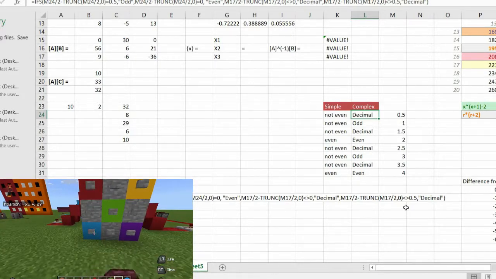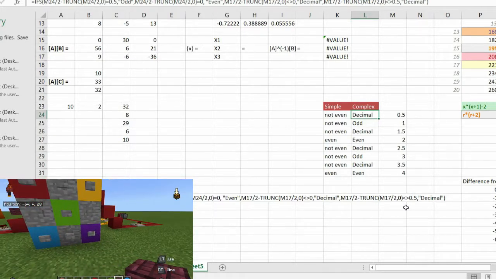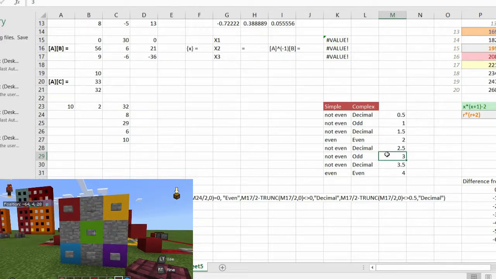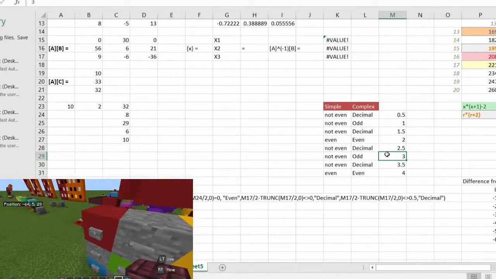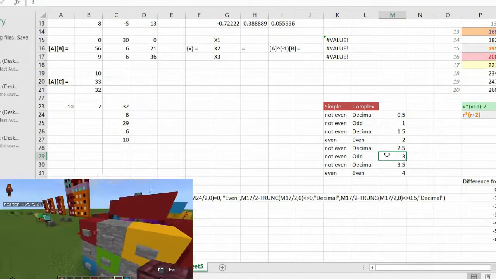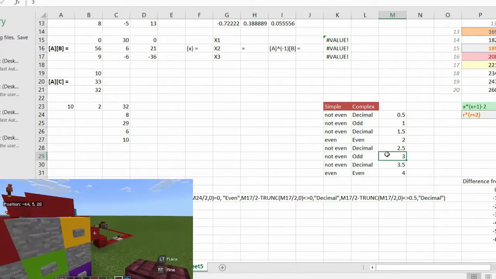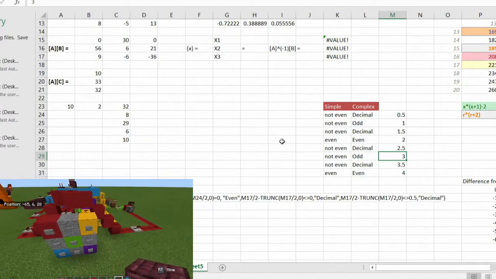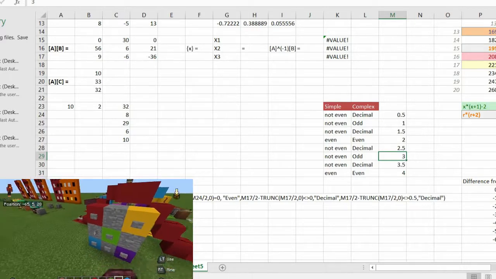Say, for example, we have 3 as our number, which happens to be one of the numbers we have here. So 3 over 2 is 1.5. 1.5 truncated is 0.5. That makes sense, because basically you're taking the 1.5 minus the 1.